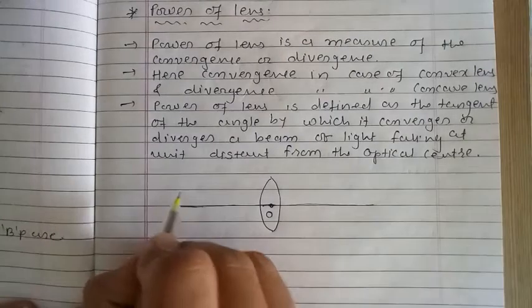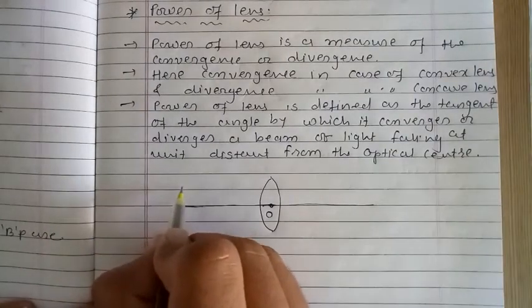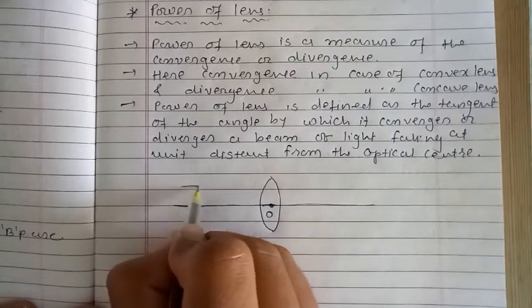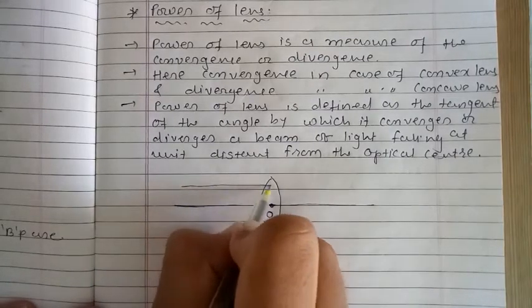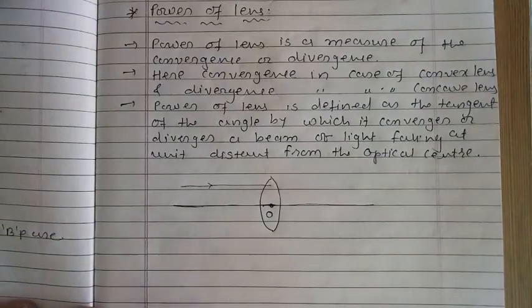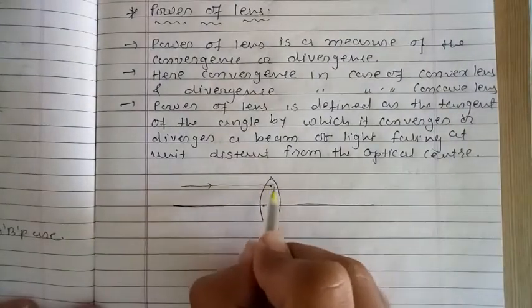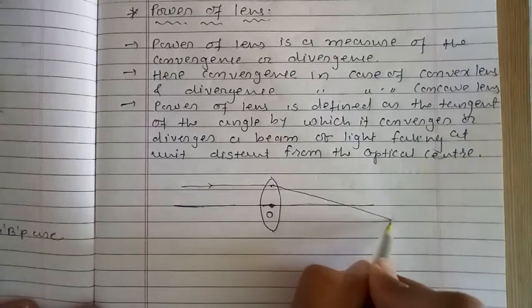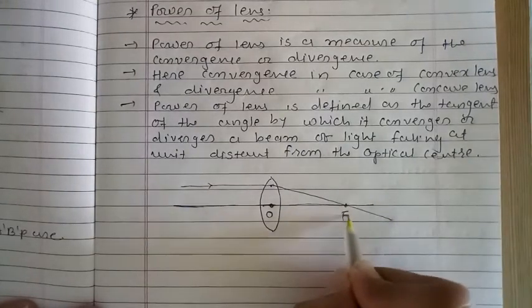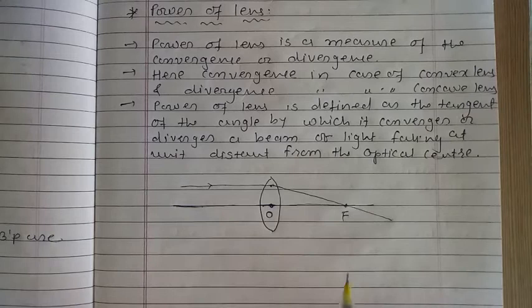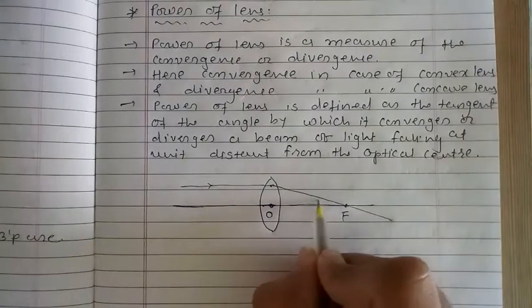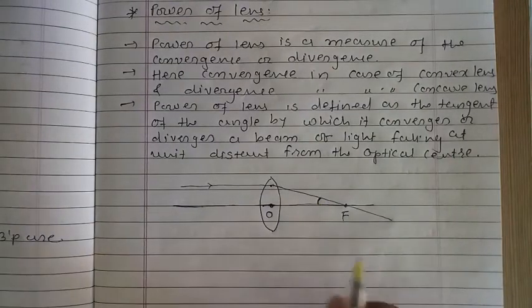Now if we assume that a ray of light is parallel to the principal axis, then after refraction it will pass through the principal focus F, right? So this is our point of convergence. So here we have to take a tangent. So here we assume angle delta.